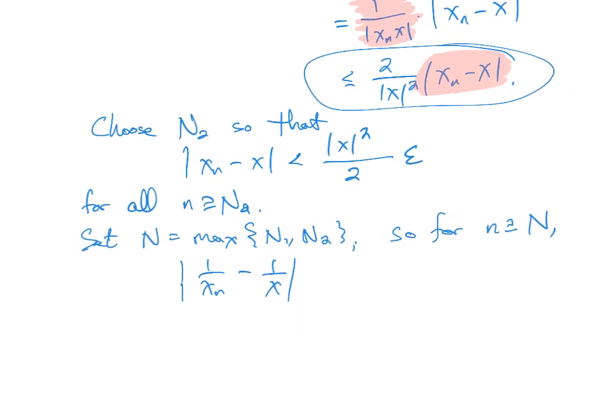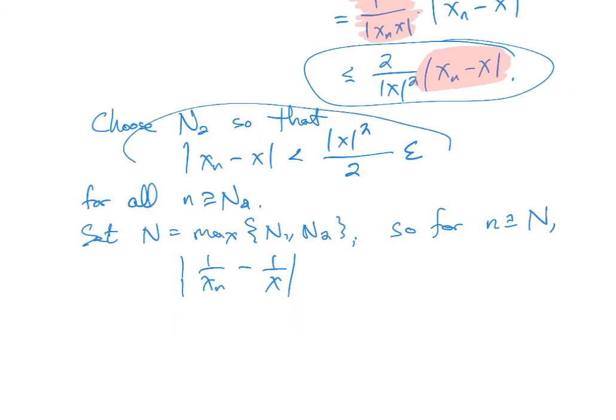Since little n is at least capital N2, we get this inequality. You put them together and everything cancels but the epsilon, as desired.